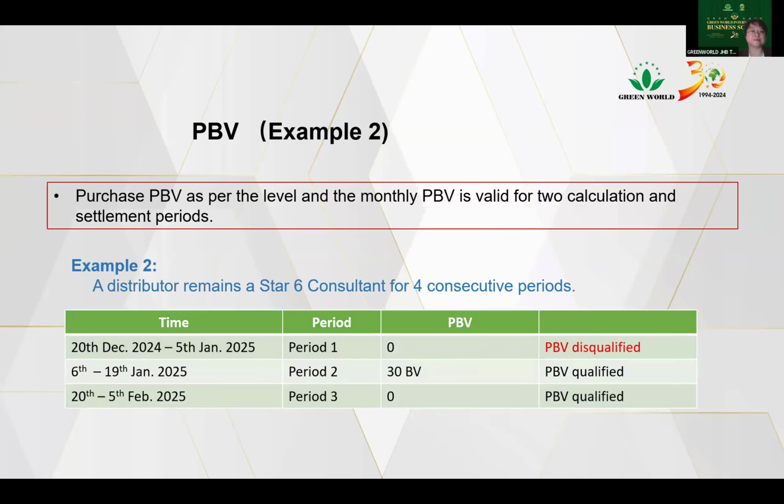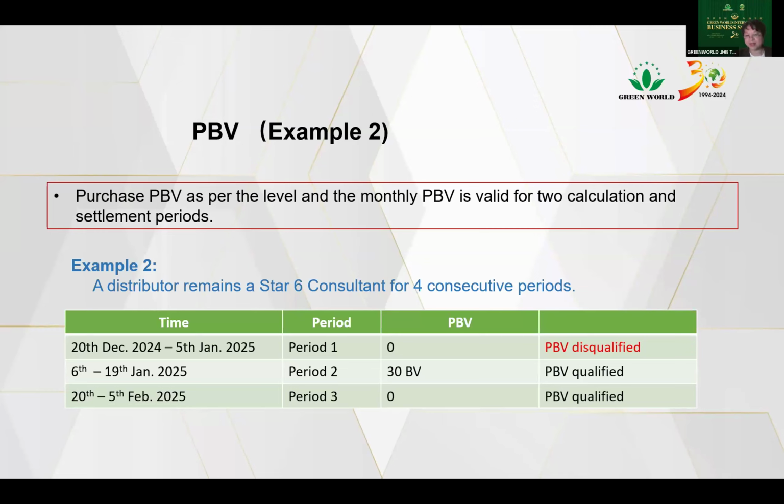Okay, here's example 2. A distributor remains their 6th consultant also for 6 consecutive periods. So what if he fails in the first period? That is to say, from 20th of December to 5th of January, that person doesn't buy the personal BV.